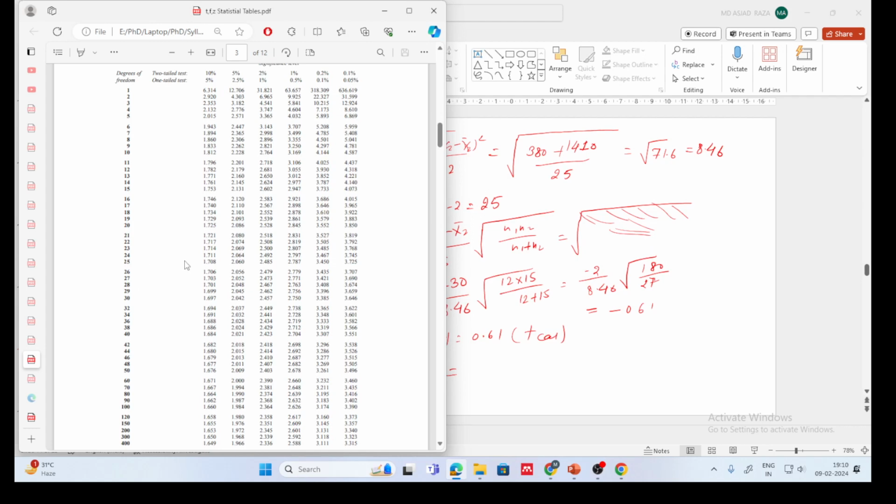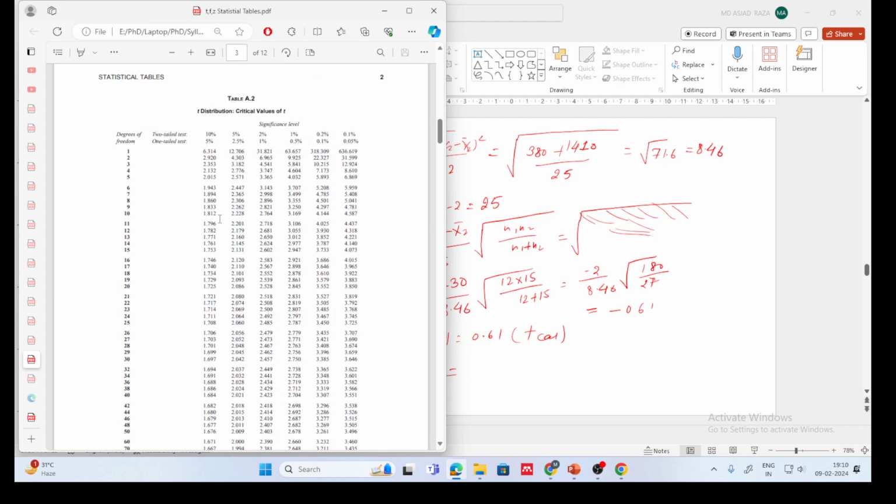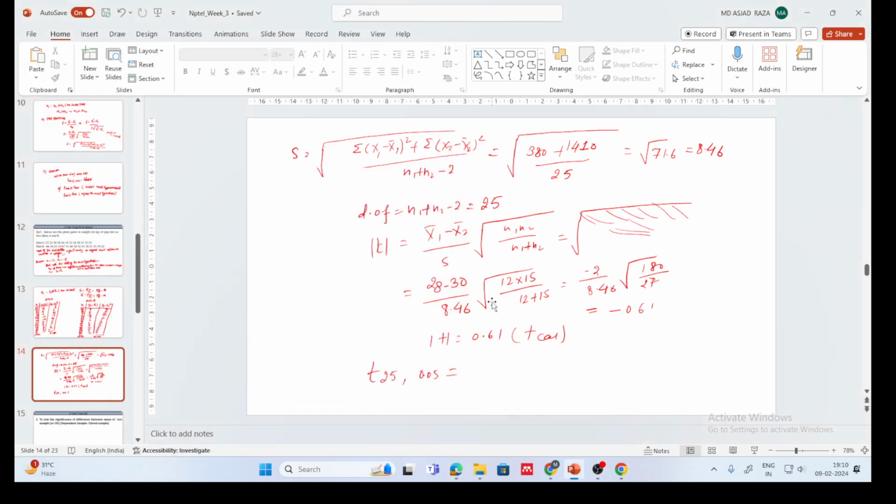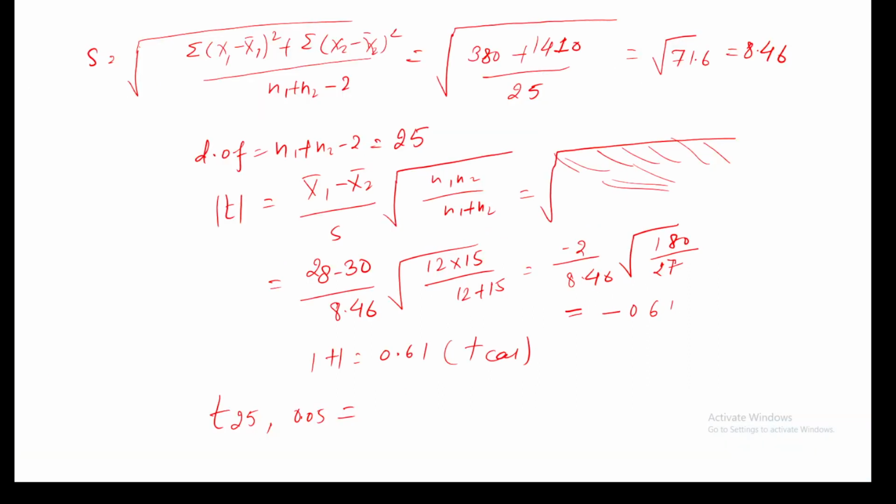The test was a two tail test. Two tail test with 5% level of significance, 25 degree of freedom, so 2.06.